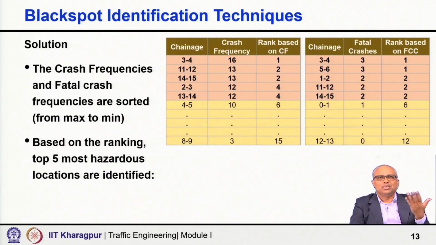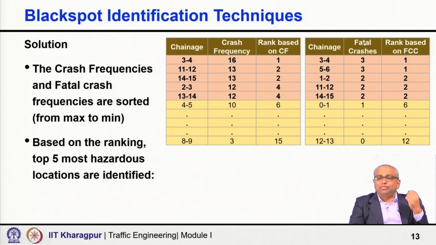That is what I have done. Here you can see I have done the sorting using crash frequency. Chainage 3 to 4 has 16 crashes, 11 to 12 has 13, 14 to 15 has 13, 2 to 3 has 12, 13 to 14 has 12 and so on. So, you pick up the first 5 or 6, whatever you want.